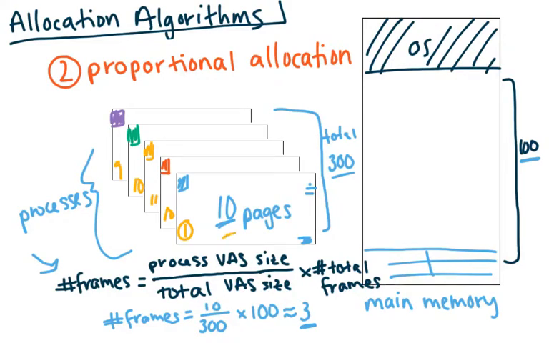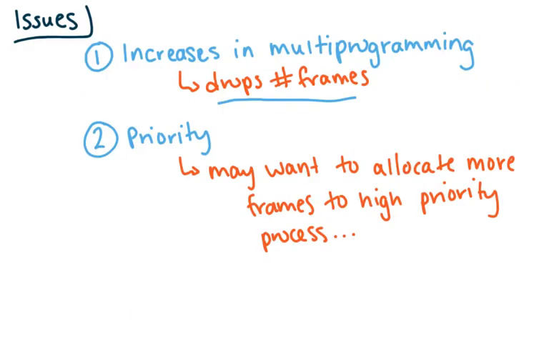So this one, even though it is only supposed to get 3 pages, has a higher priority. So you could add some factor, I'll call it alpha, and alpha will be based on priority. So you can easily get around that. You can add it into that equation, and proportional allocation now becomes priority based as well.